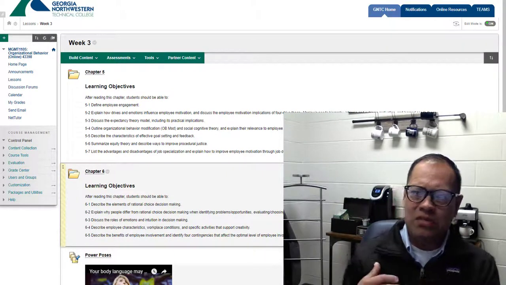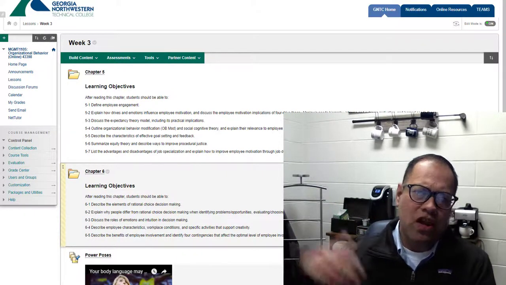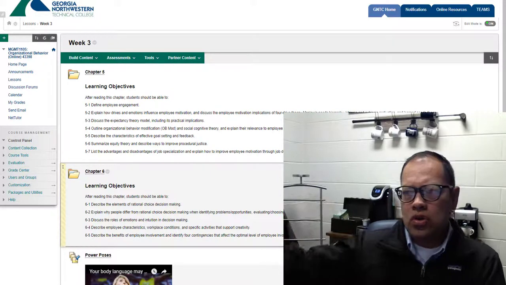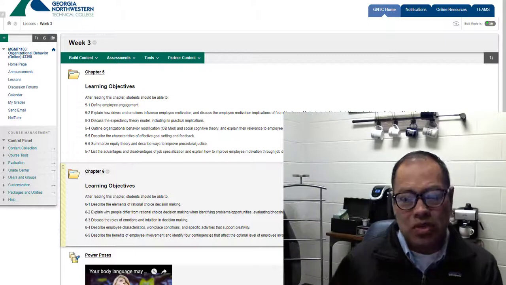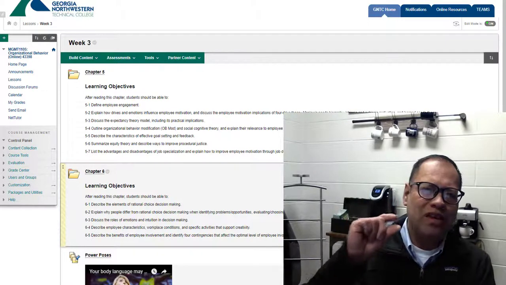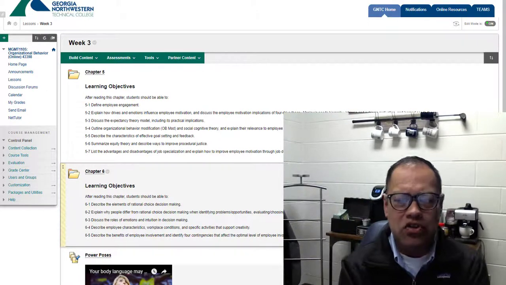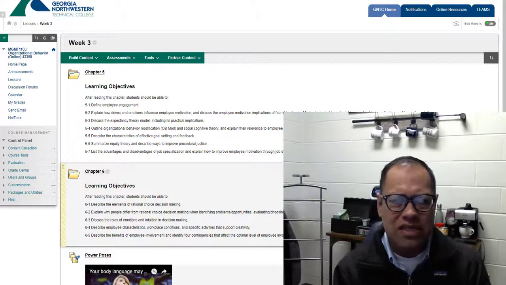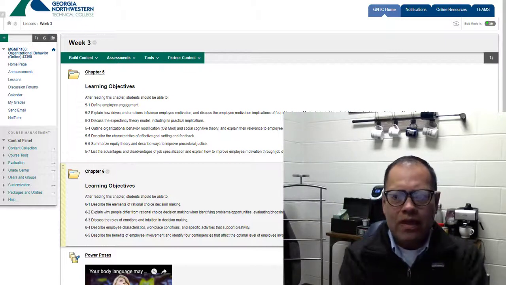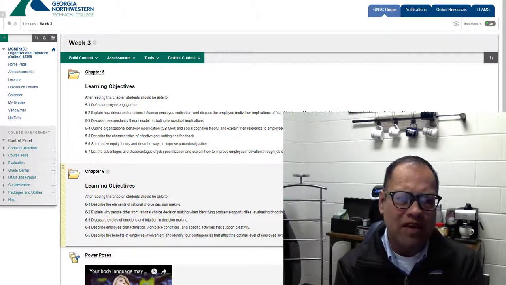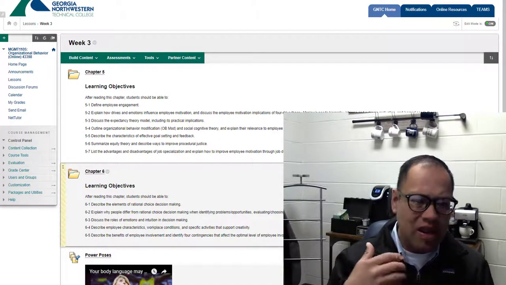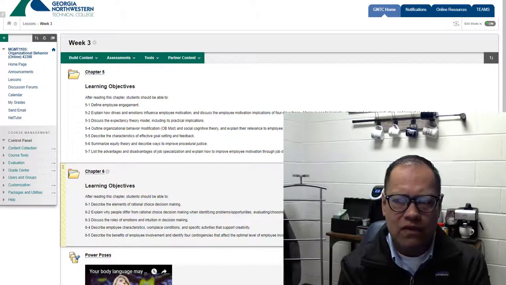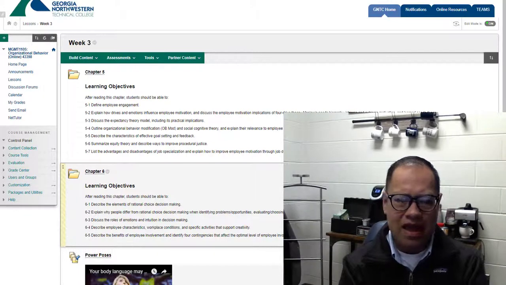Extrinsic is something that is motivating you from the external. If you get a raise at work, it's an external reward, and that extrinsic reward lasts a very, very short time as a motivator, where an intrinsic reward lasts a lot longer. So understanding what motivates people and how we get employees engaged as managers is going to be a very important topic for those of you who are studying to become managers.